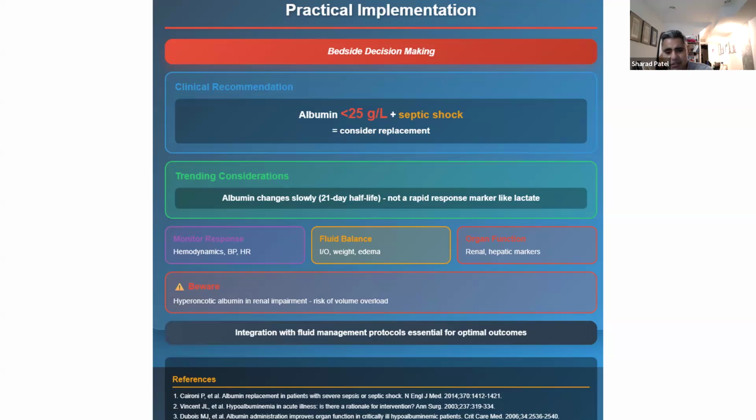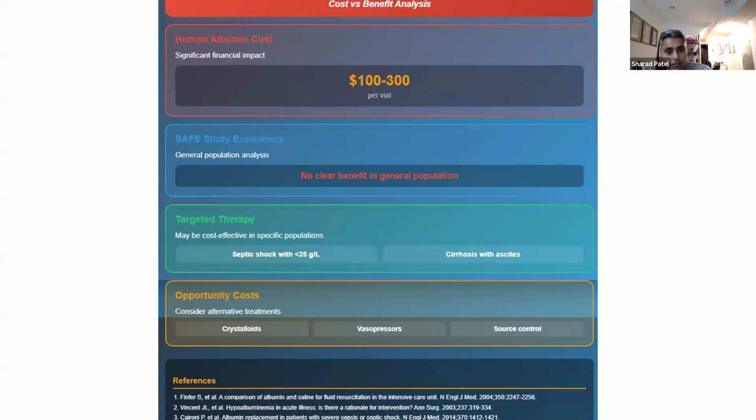So you really have to look at the individual patient, but I think it's reasonable to assume that for patients with less than 25 grams per liter and septic shock, along with your usual crystalloid, giving albumin might be a prudent, rational thing to do based on the evidence we have so far.